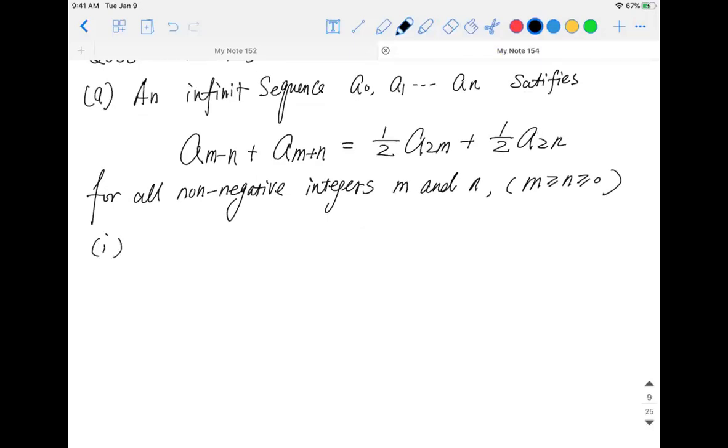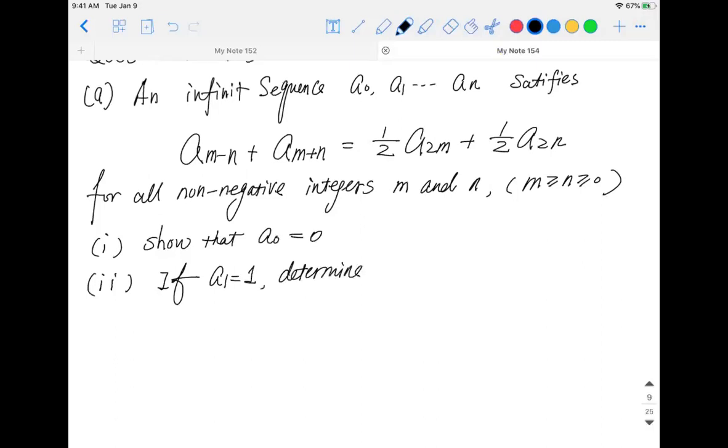First one: show that A0 equals 0. Second: if A1 equals 1, determine the values of A2 and A3.